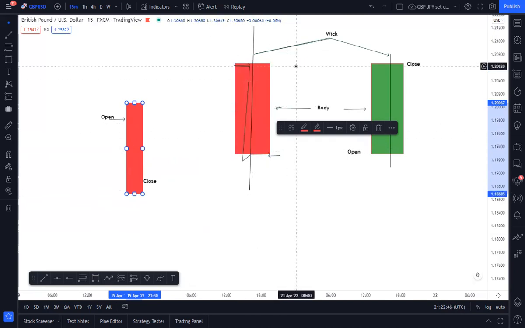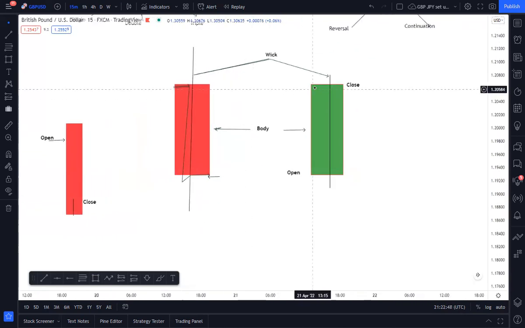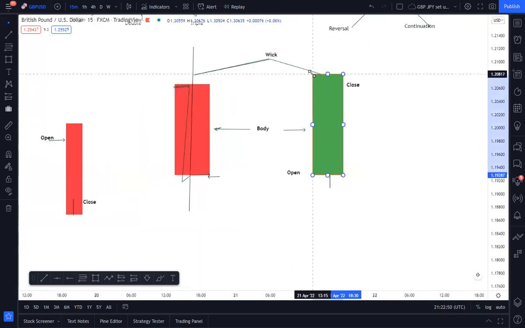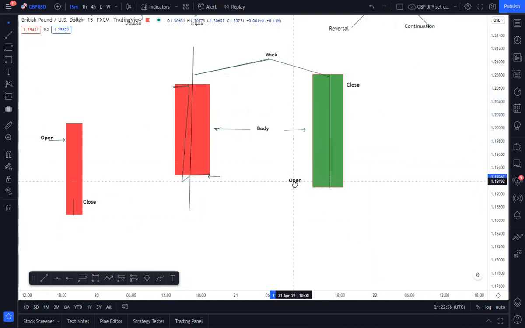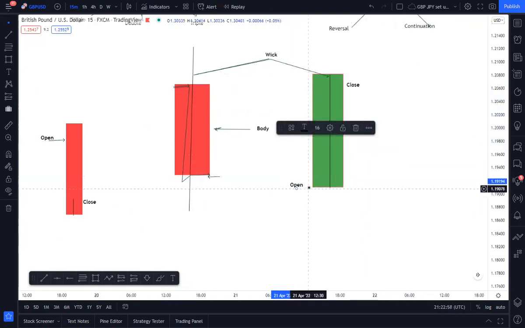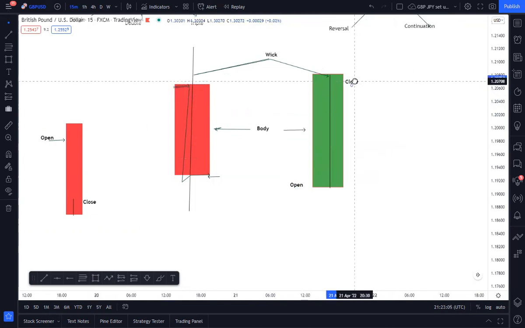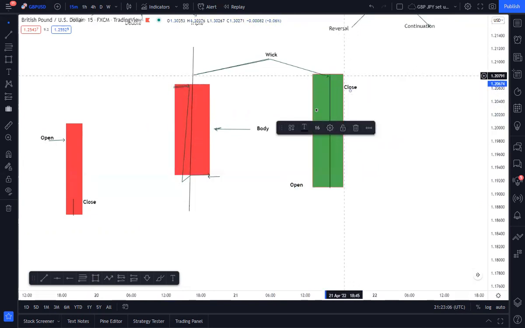The same thing vice versa for the bullish candlestick. You have the candle like this. Price opens from down for a bullish candlestick, pushes to the upside, and closes somewhere here. What causes the wick to be created in a bullish candlestick?